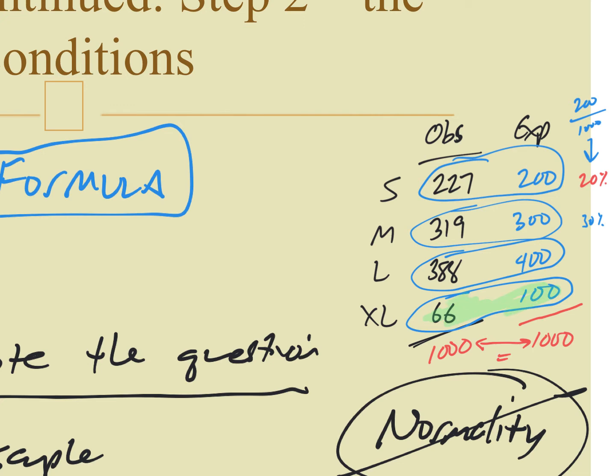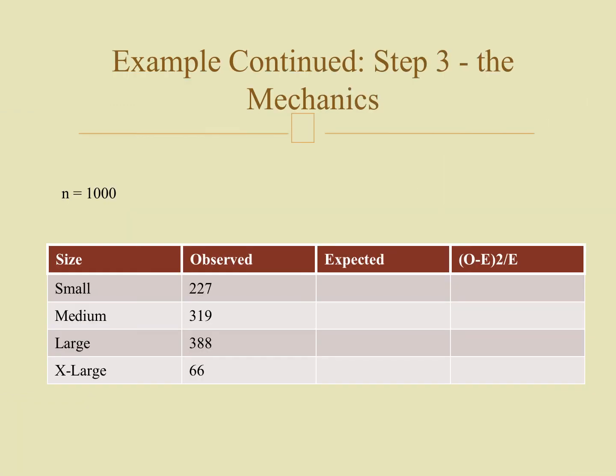As we move forward into this actual table, this is what we were just doing. We expected 200 here, 300 here, 400 here, and 100 here. You don't always have to draw the table, but the table is important because of this column.